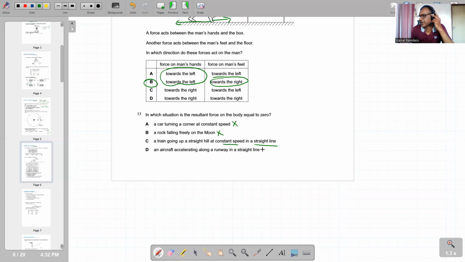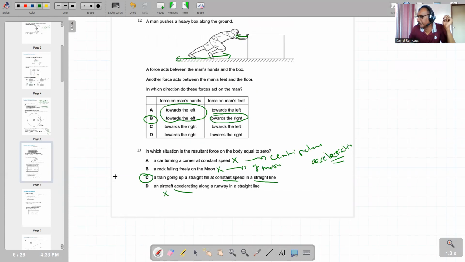Aircraft accelerating, resultant force is not 0. Rock falling freely on the moon, there is the gravitational pull of the moon. Car turning at a corner has centripetal acceleration. Acceleration not equal to 0 means we can only say constant speed in a straight line has no resultant force.